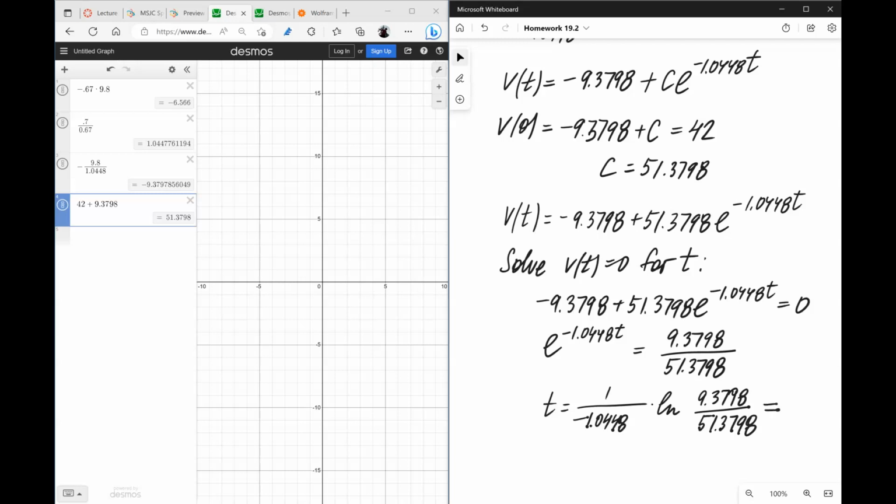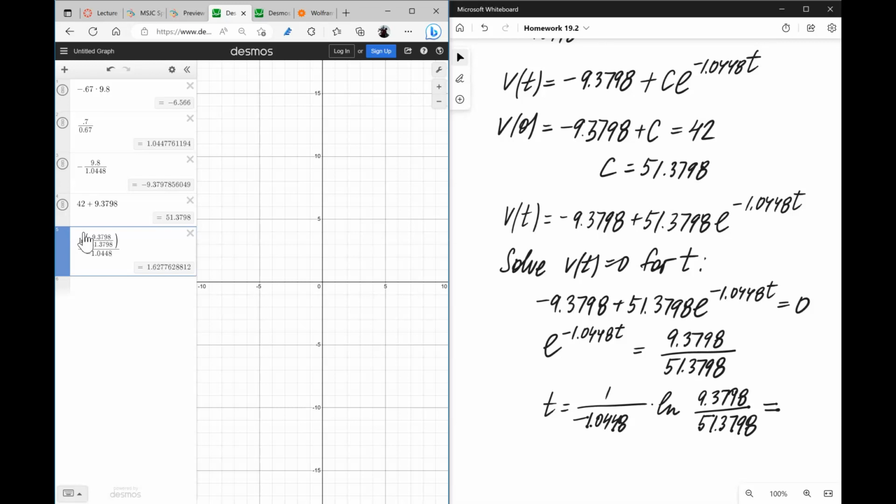and we're just going to put that in the calculator. So we have ln of 9.3798 divided by 51.3798, all that divided by negative 1.0448.